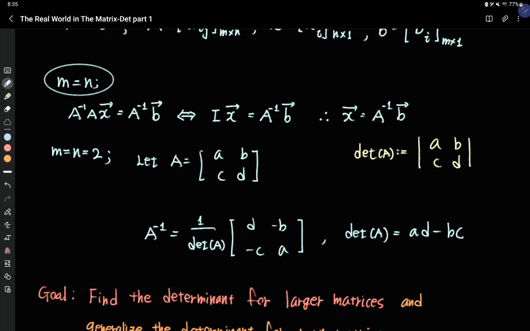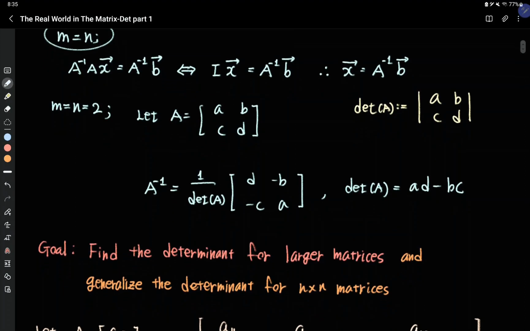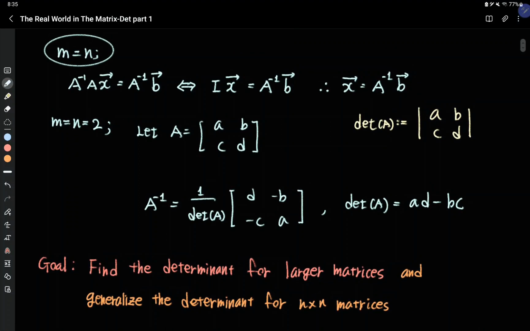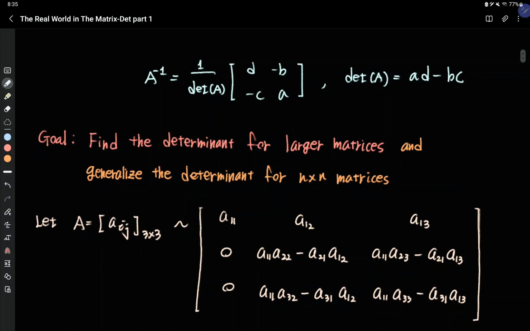We saw this in another lecture, but the goal in this lecture is to find the determinant for larger matrices and to generalize the determinant for n by n matrices. So what if the size of matrix A is greater than 2? Let's figure out how to find the determinant for such matrices.